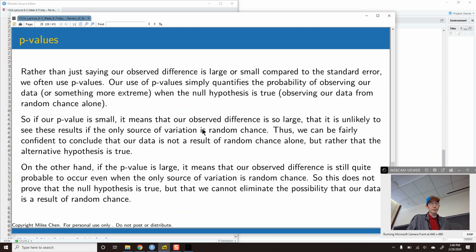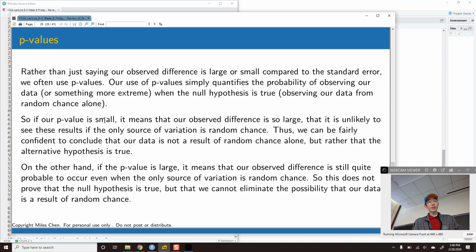So we do a p-value. Rather than just saying our observed difference is big or small, we'll calculate a p-value, and it quantifies the probability of observing our data or something more extreme when the null hypothesis is true.